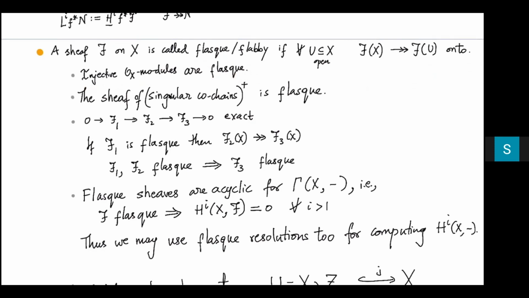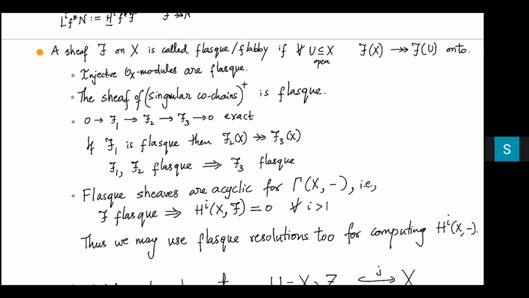Here's another interesting example. On a topological space, take the sheaf of singular cochains that I defined two lectures ago, or maybe it was last lecture, I don't remember. You look at singular cochains on every open set and maybe sheafify that presheaf. Even if you don't sheafify it, it's actually flask.